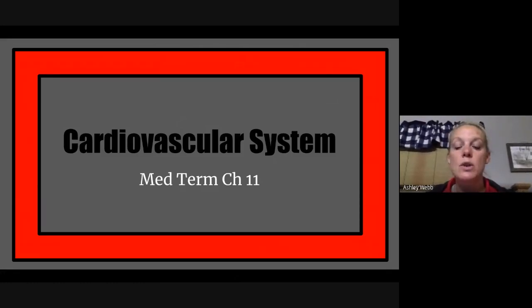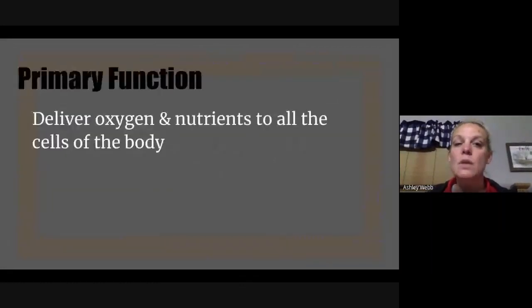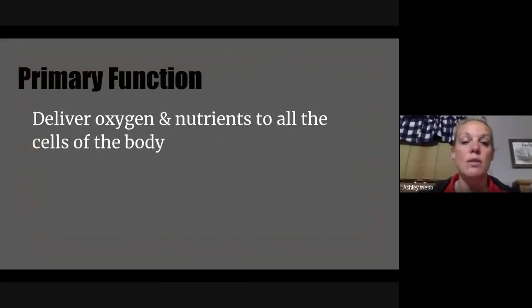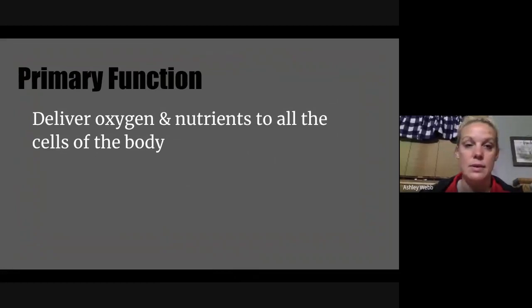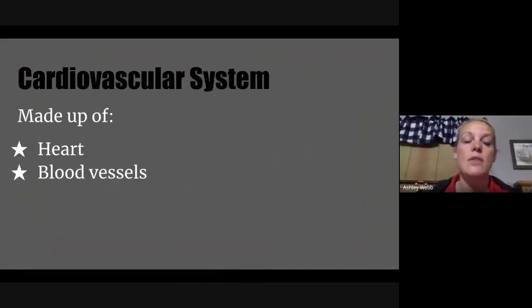When you're thinking of the cardiovascular system, I want you to think of a transportation system. The primary function is to deliver oxygen and nutrients to all the cells of the body. The cardiovascular system is made up of the heart.